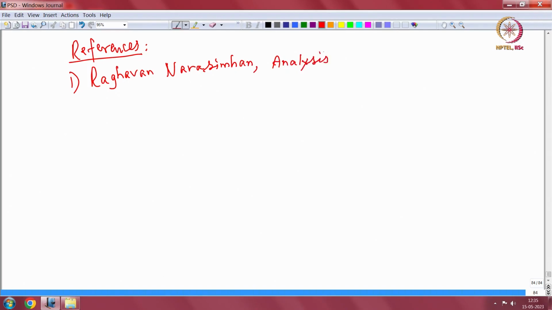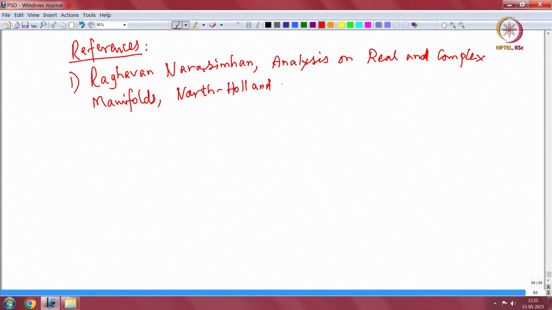Analysis on Real and Complex Manifolds, published by North Holland, 1973.